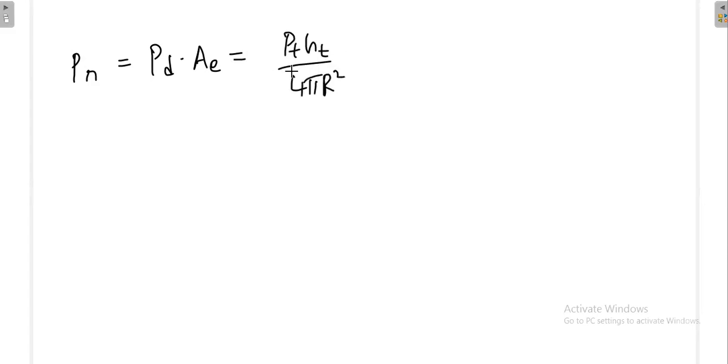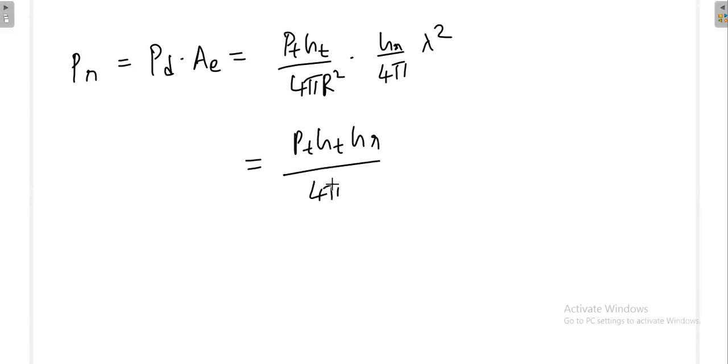And AE I can replace with GR lambda square divided by 4 pi, which is related with the receiving antenna. Once you make the adjustment, you get PT GT GR divided by 4 pi r by lambda whole square.